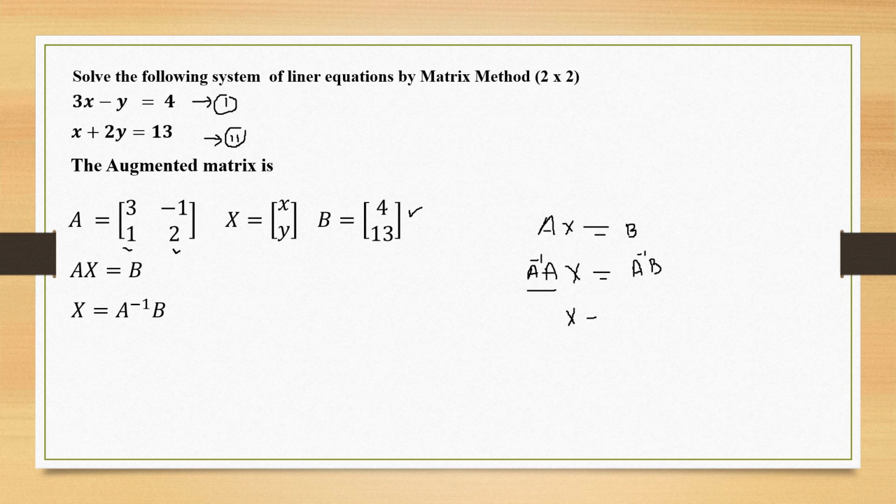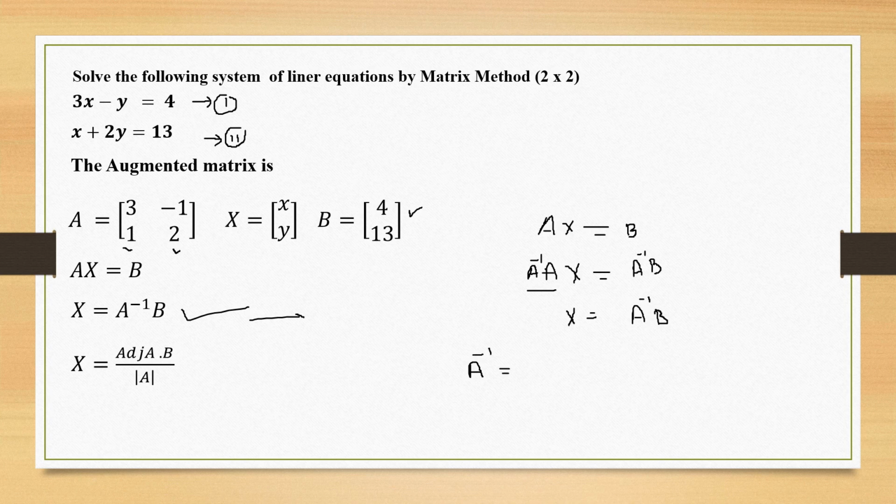So now here will be only X, and here will be A inverse B. So in this step X is equal to A inverse B, which is equal to adjoint of A divided by determinant of A, into B.